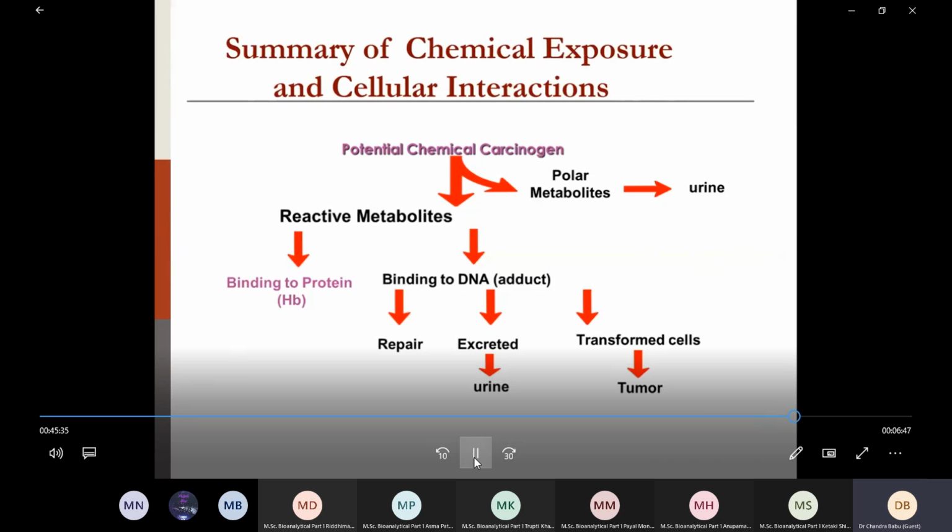And eventually, if that's so, then those DNA adducts in this case could be eliminated. But when there's no repair and the damage is maintained, then cells can be transformed and eventually result in tumor or in cancer. So this is just an illustration of how the ADMET process can be applied to understand how chemicals can result in carcinogens.